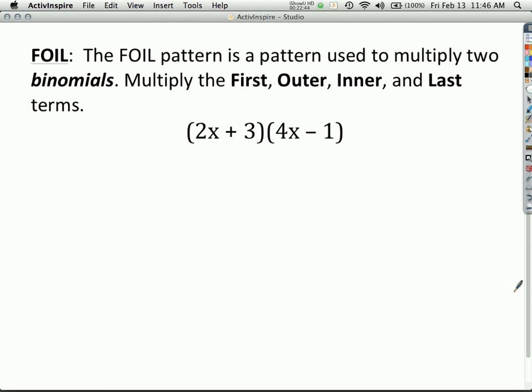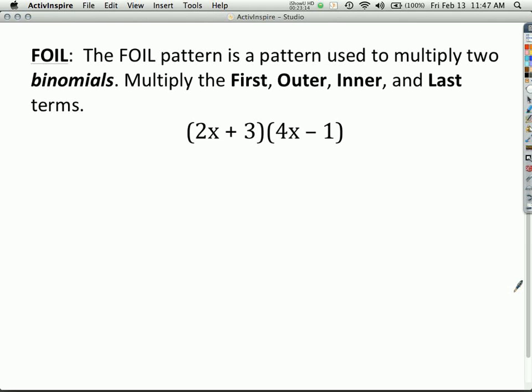An acronym is a word where each letter of the word means another word. So technically it's called the FOIL pattern, and we're going to learn it formally right now. But by next time, you'll be saying things like, oh yeah, just FOIL it. FOIL it. It's kind of like Google it.